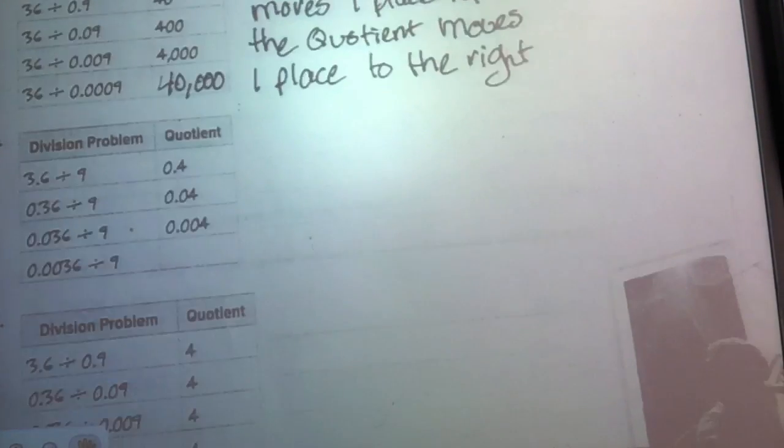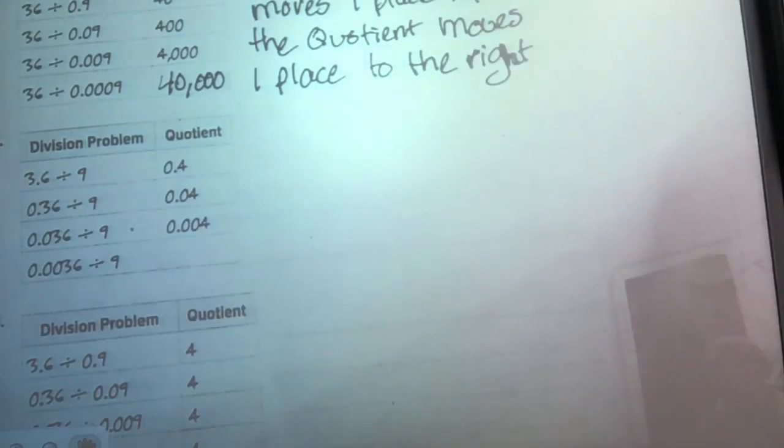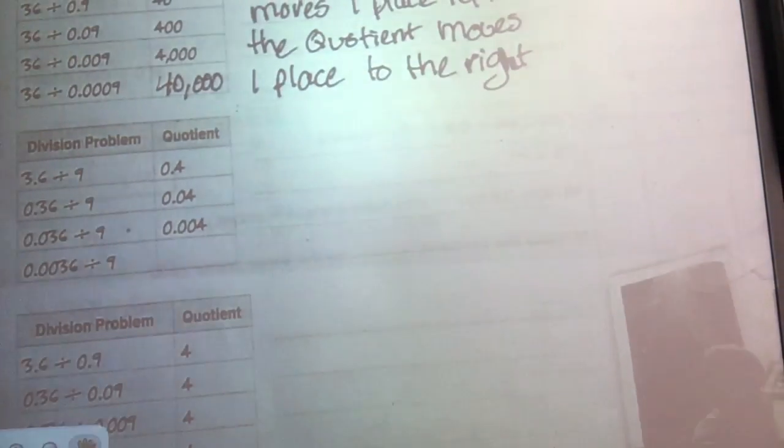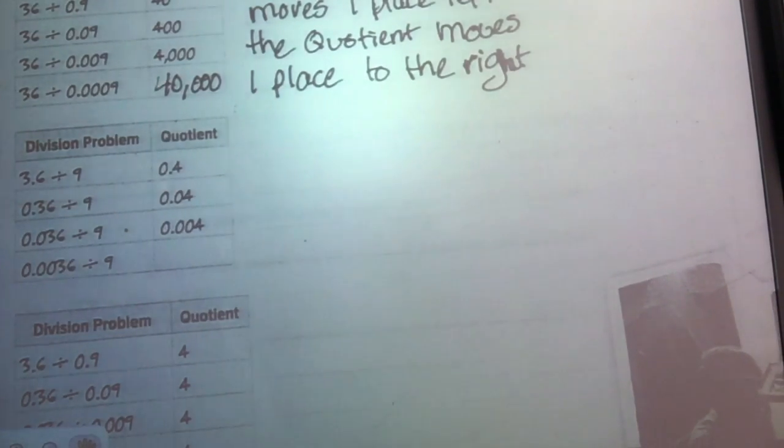That was a horrible H. To the right. So when the divisor moves one place left, the quotient moves one place to the right. All right, pause if you need to.